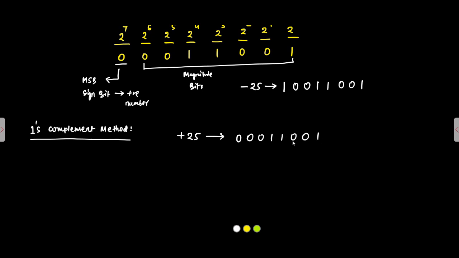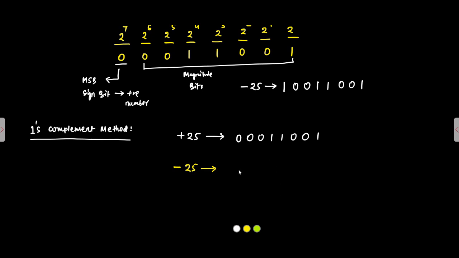Minus 25 will be represented as the 1s complement of plus 25. That is, we invert the 0 bits to 1 and the 1 bits to 0.